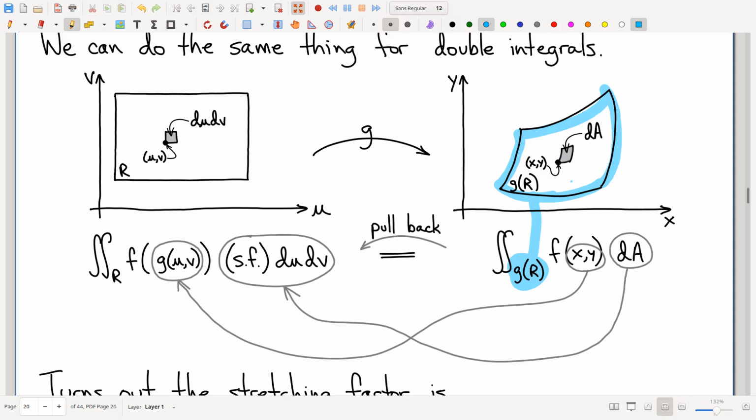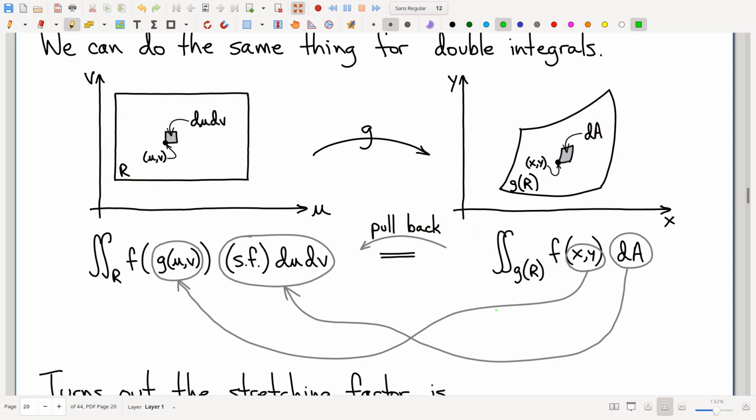Or, said differently, when you do the pullback, the domain is going to pull back too. And so the new domain over here will be the preimage. Like so.